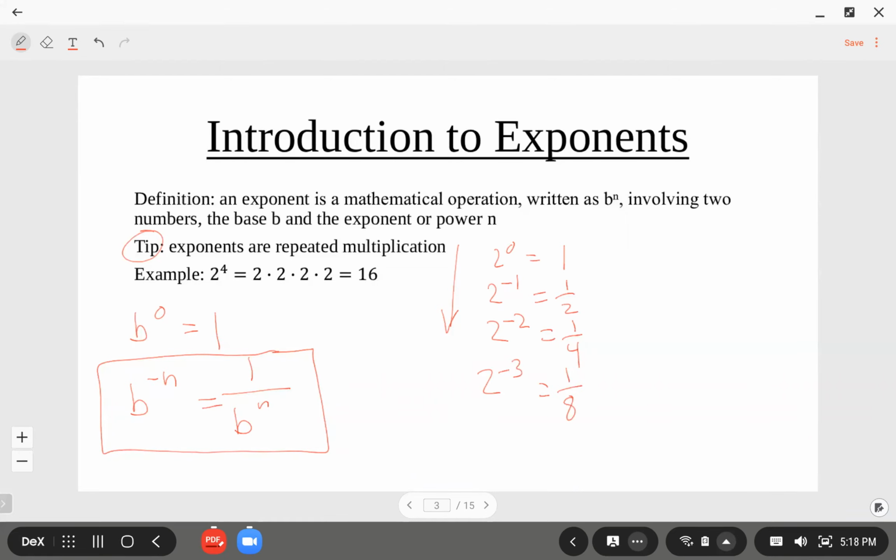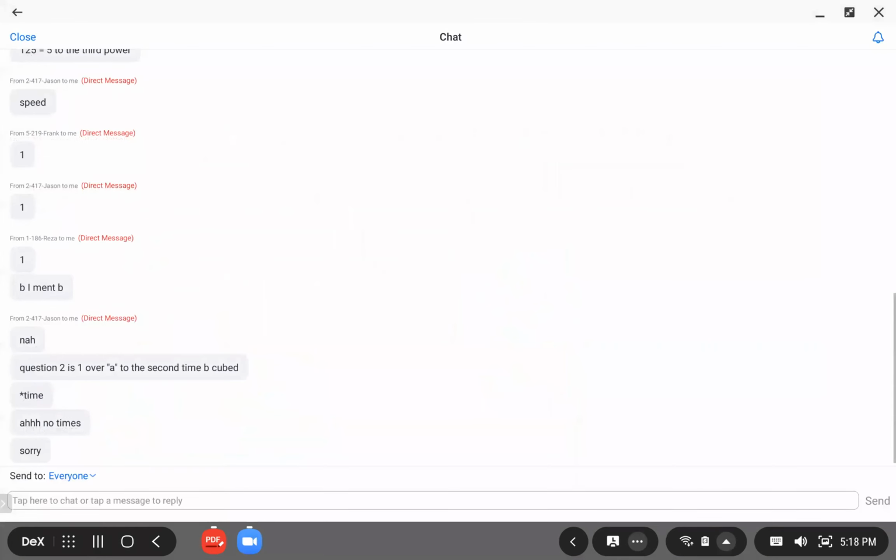And you can also do 1/4 divided by 2 equals 1/8. So now we have proven this exponent theory, negative exponents. Okay, does everybody understand?